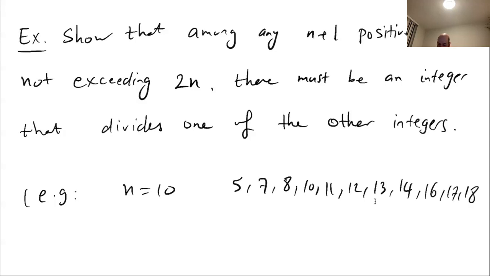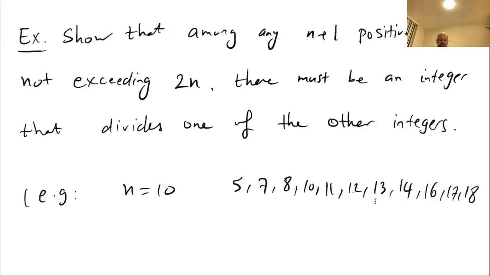How many? I have 11 integers not exceeding 20, so that's very interesting. Now, one of these integers must divide one other integer. No matter how you choose your n+1 integers, one of them must divide another integer.